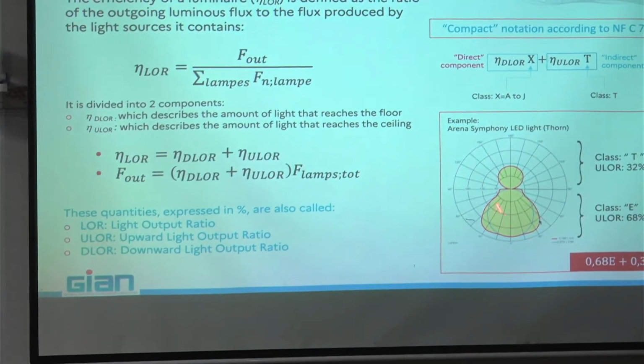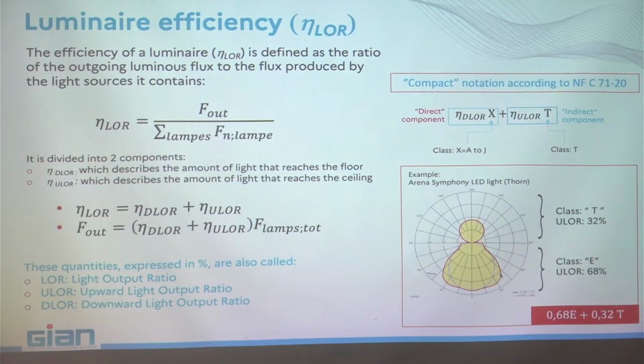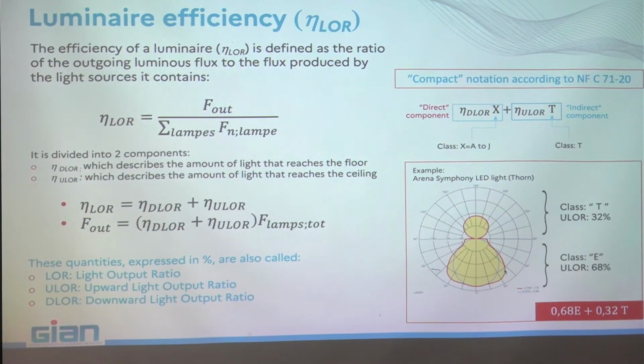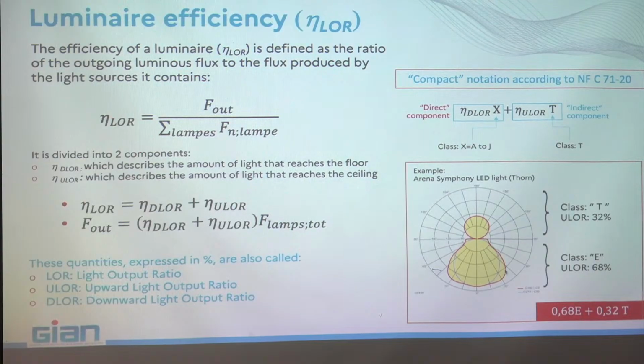There is, in fact, if you cut the fixture in two, one upper and one lower, you can say if I have 1,000 lumens, how many lumens I will have upwards, how many lumens I will have downwards, and then I can define two efficiencies.